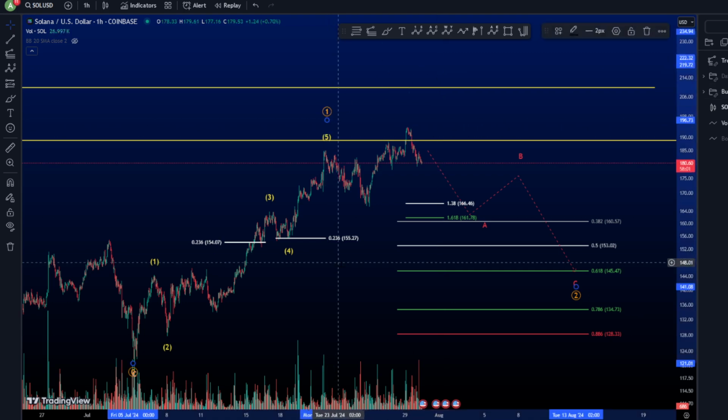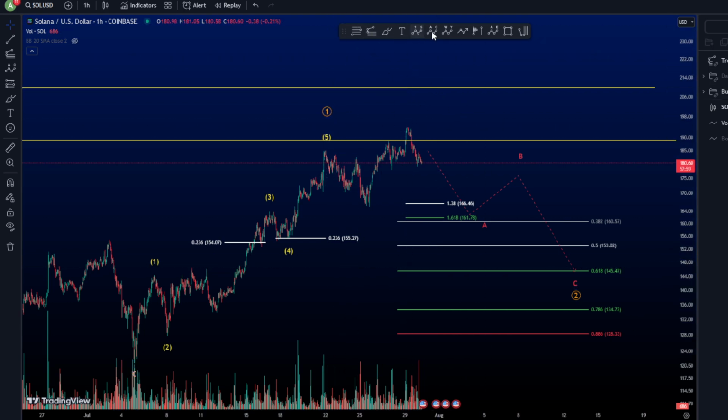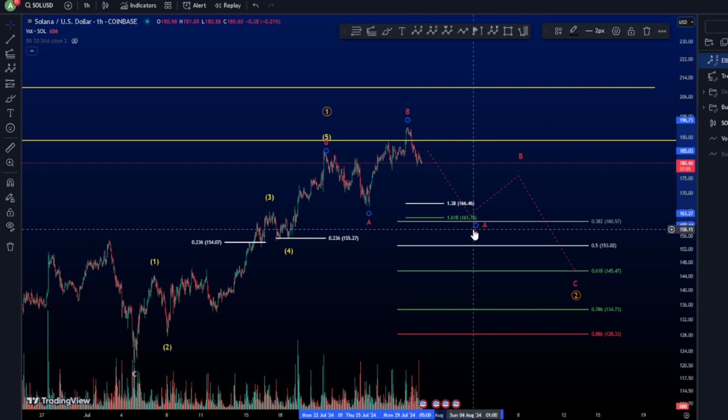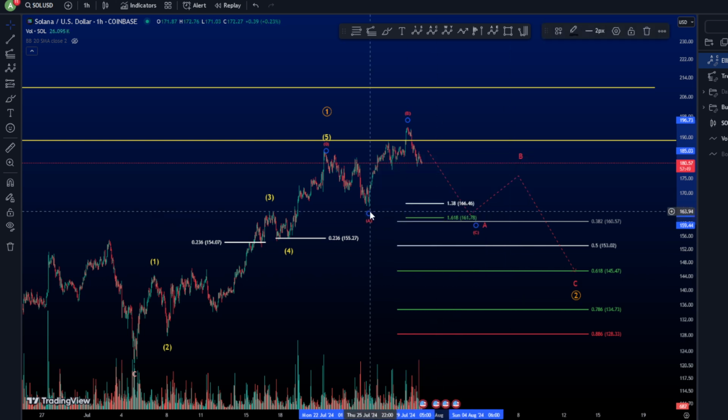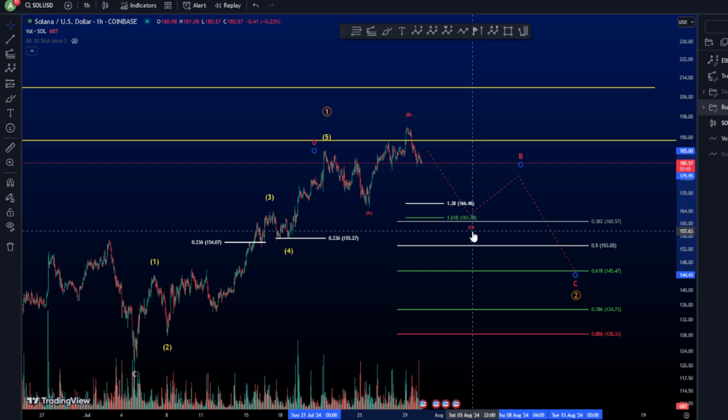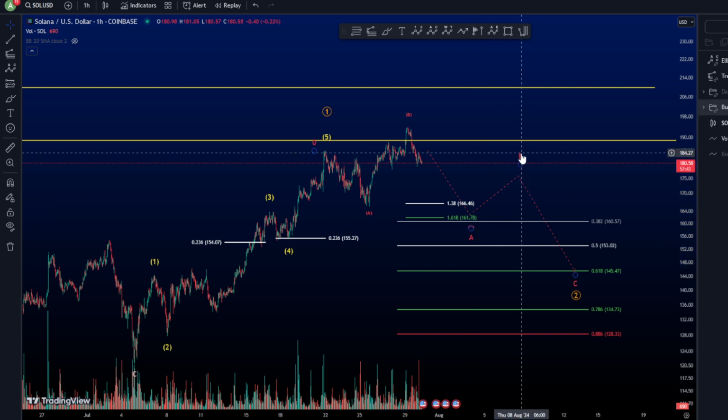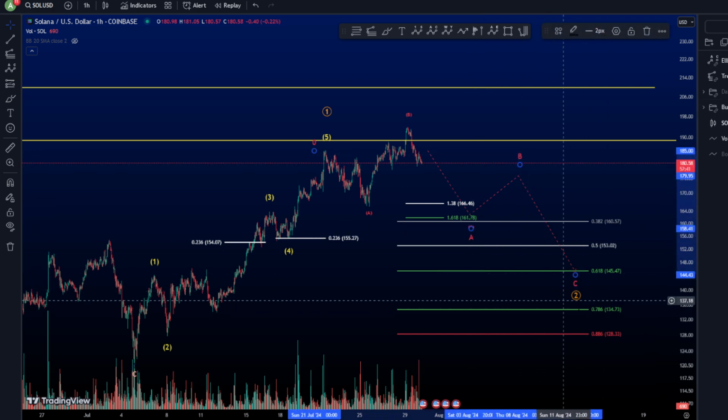So the wave 1 has finished here, and I'm going to label this as A, B, and C with a smaller count here, let's go submicros. Okay, C of A, B, and C of wave 2.